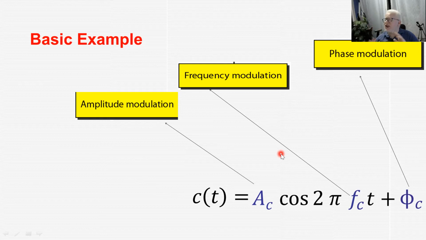So generally speaking, whenever you have a carrier, you have three variable parameters that are capable of including your message: either the amplitude, or the frequency, or the phase. These are the three main variables that are capable of carrying your message to your receiver. It is simple like that.